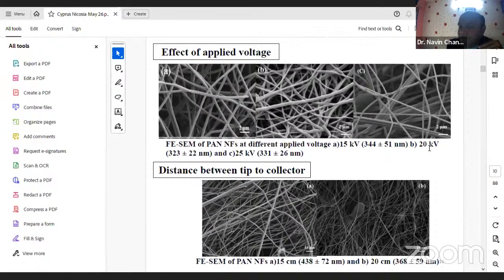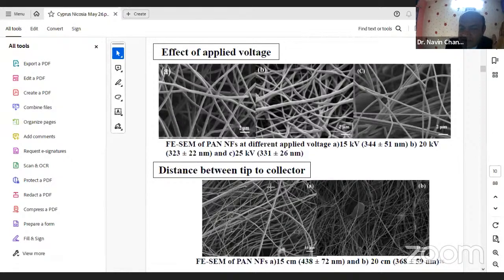If we go with 20 kilovolt, it gives 323 plus or minus 22 nanometer. And if we go to 25 kilovolt, it gives 331 nanometer. So 20 kilovolt is the appropriate voltage to apply to the needle so that the fiber size is in the range of 323 plus or minus 22 nanometer.